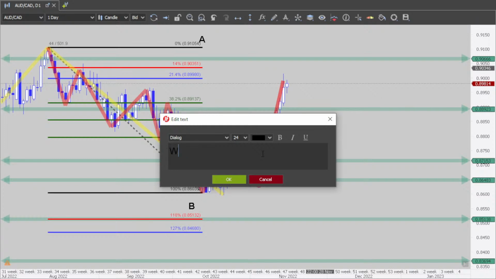What is the trade for the day, depending on the strategy of course, and what is the trade for the week?